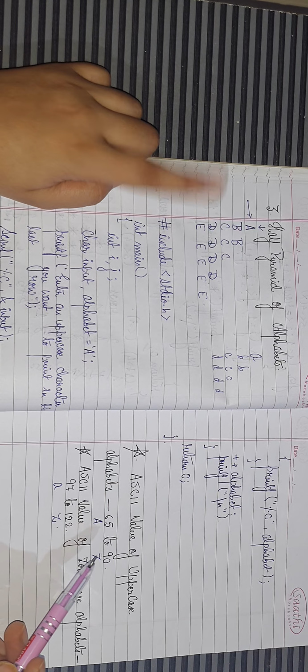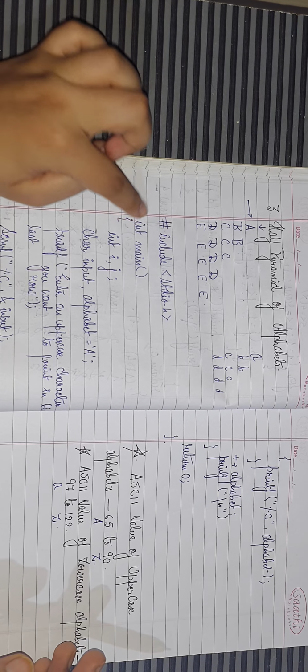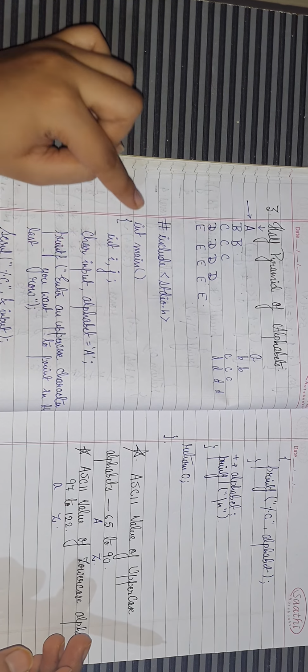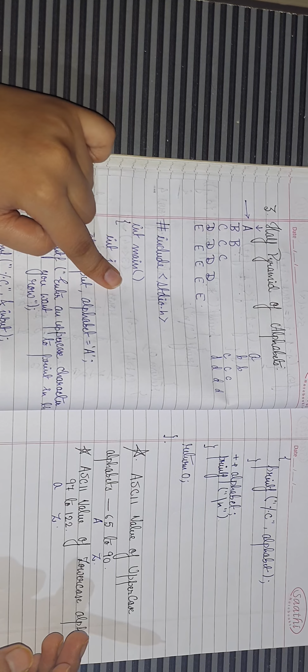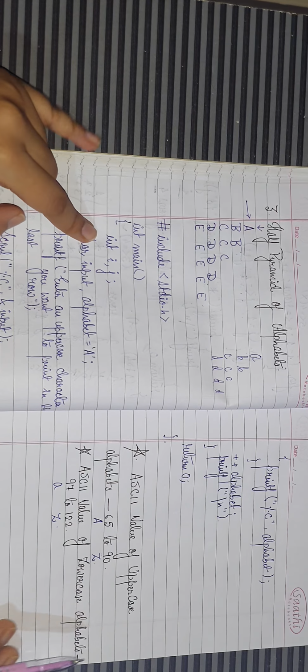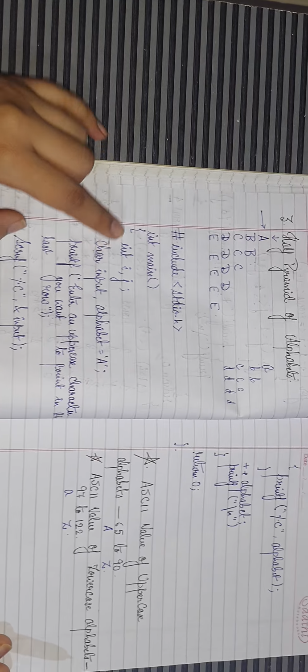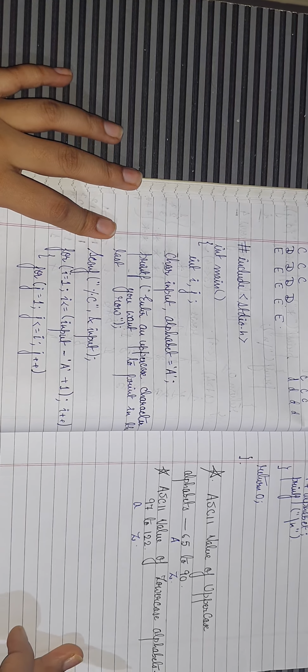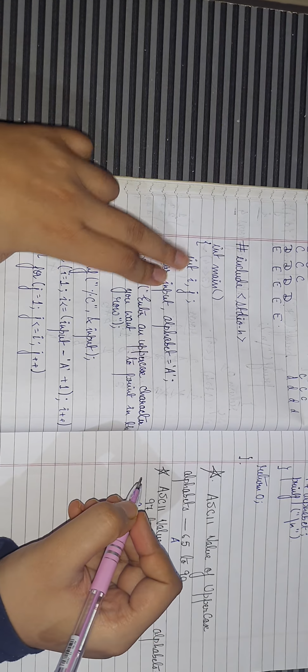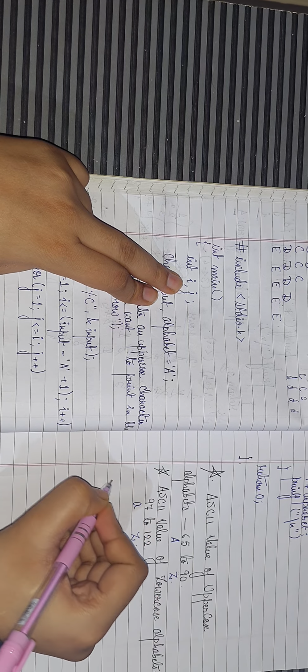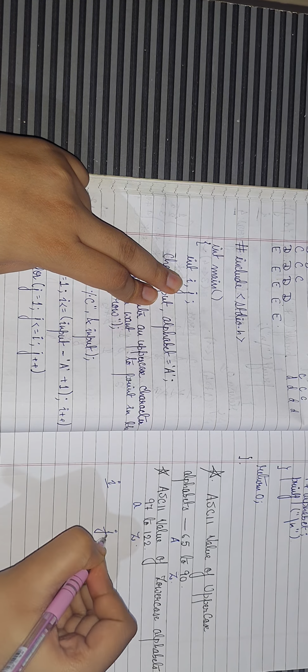So first I will discuss this one here. We have included the header file, then we have started our execution with the main function, right? Here I started tracing as well. I define two variables, i and j, which are of integer type.